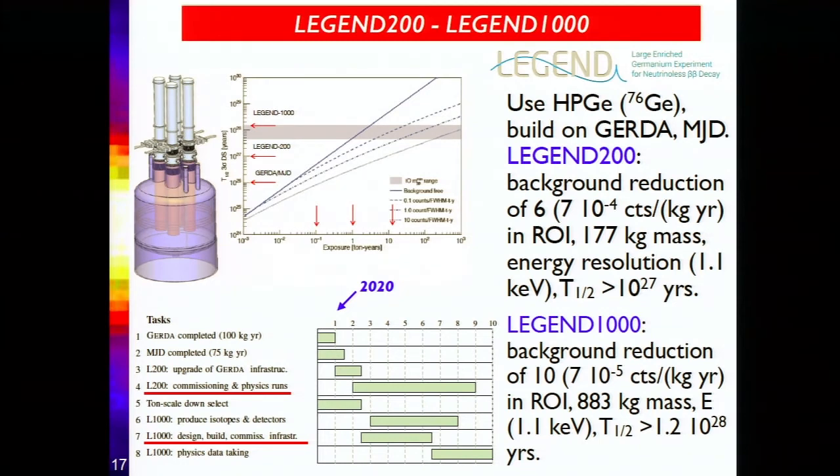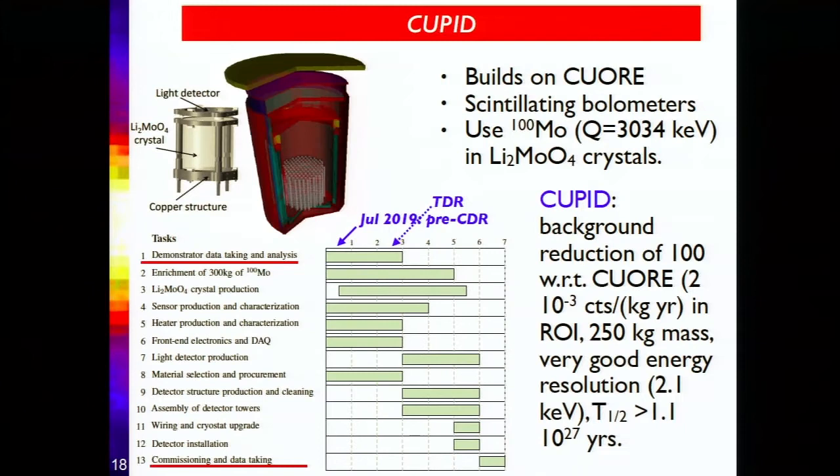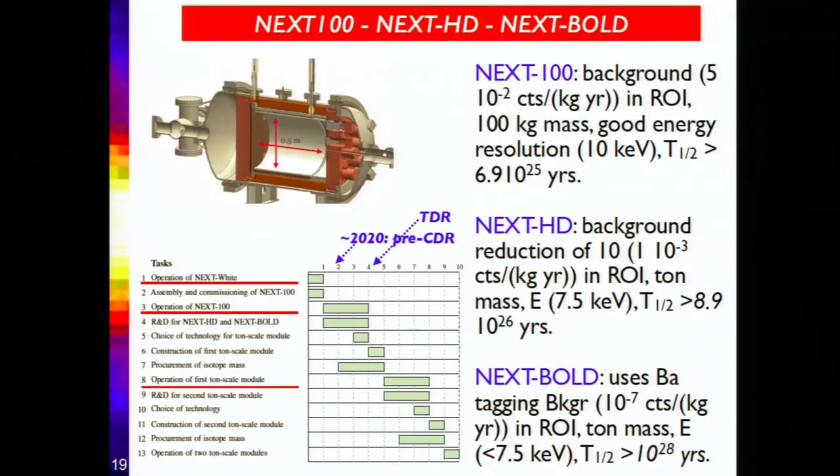You see the lifetimes these experiments can test, 10 to the 27, 10 to the 28 years. This is CUPID, which is the next step after CUORE, but this uses molybdenum to reduce backgrounds. There are some technicalities, and again it is due to start in a few years from now, and again will reach this 10 to the 27 years.